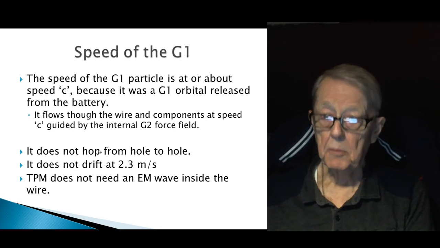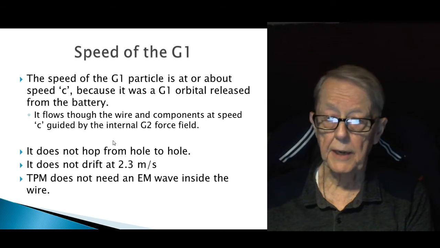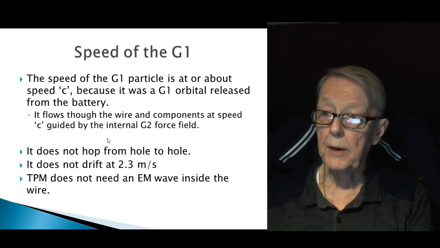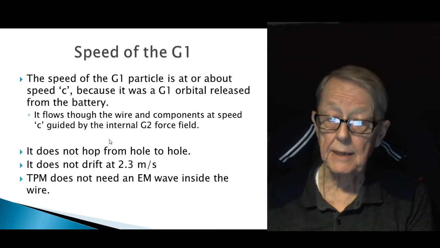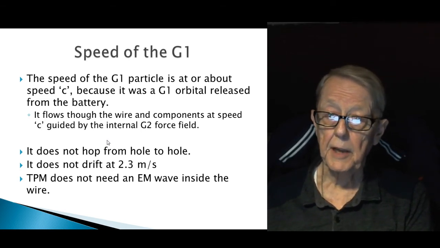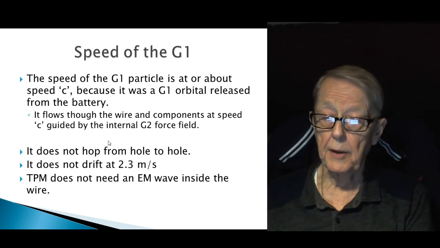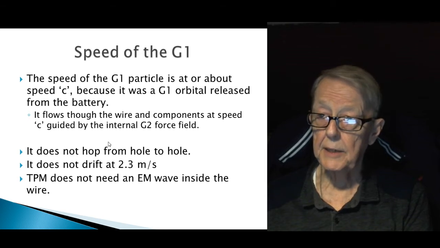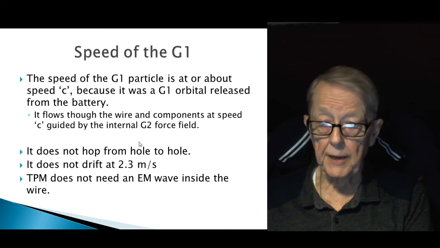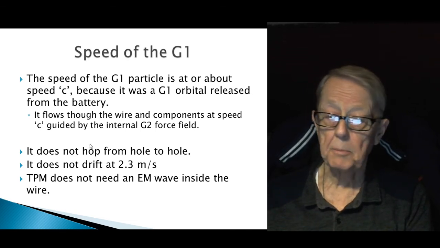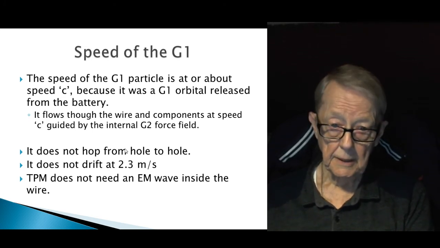It does not hop from hole to hole like the electron does. That's why the electron goes so slowly. In the real model, or the one that they explain, the electron is a free particle in the copper wire, and there's another atom next to it that has a missing electron, and so the electron jumps into that missing spot, creating a missing spot behind it, and it kind of hops from hole to hole.